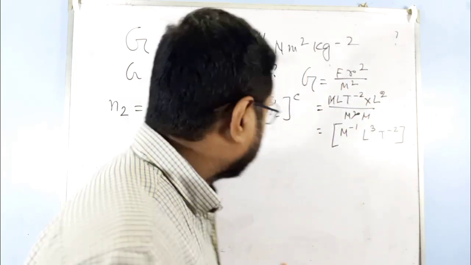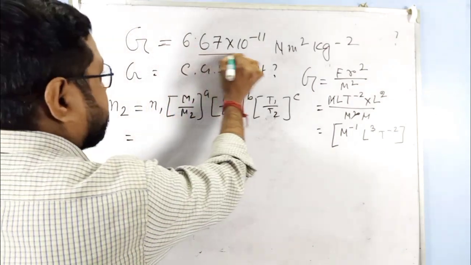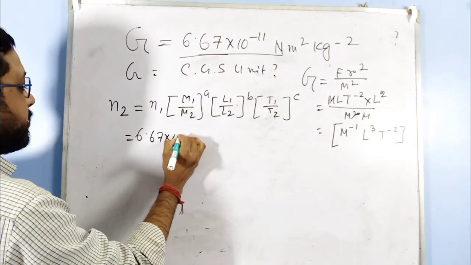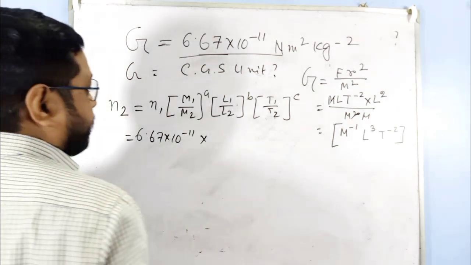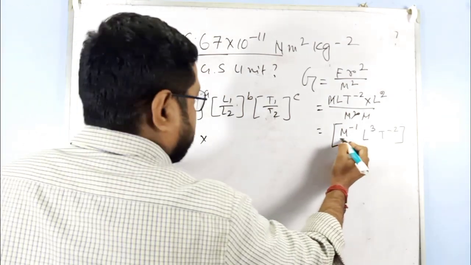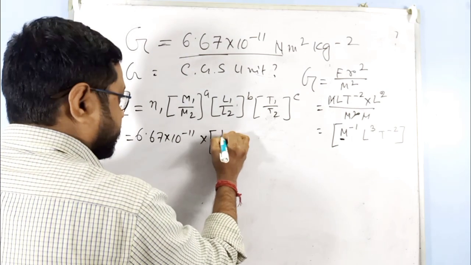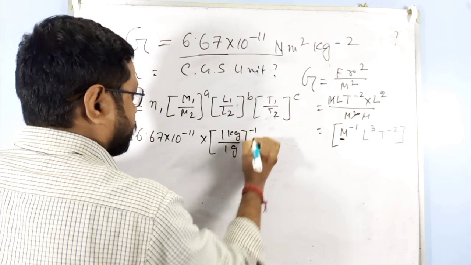Okay. So we know the value of n1 is given, that is 6.67 into 10 to the power minus 11. What is the value of M1? M1 is mass. So mass is 1 kg by 1 gram to the power minus 1.